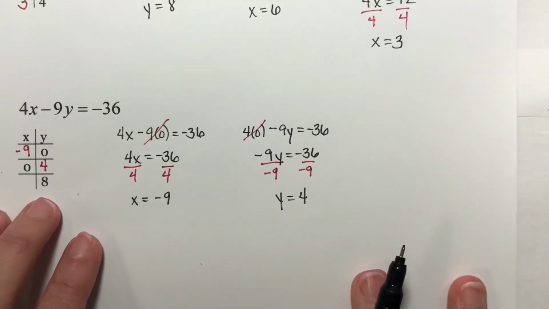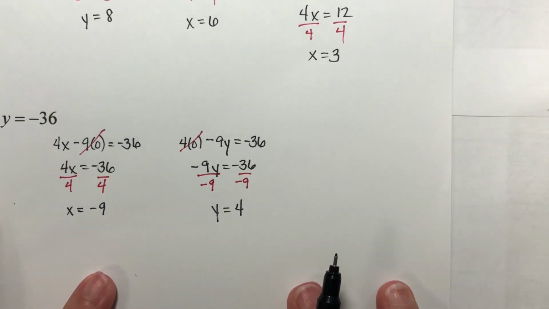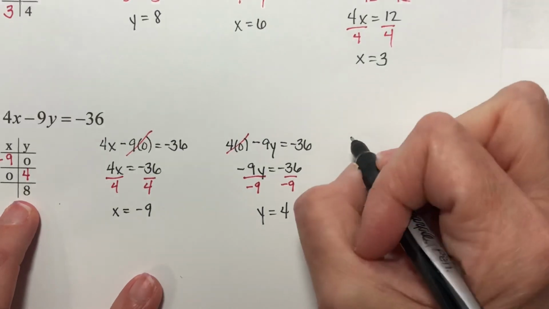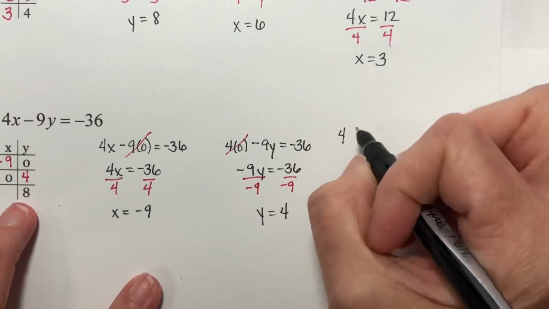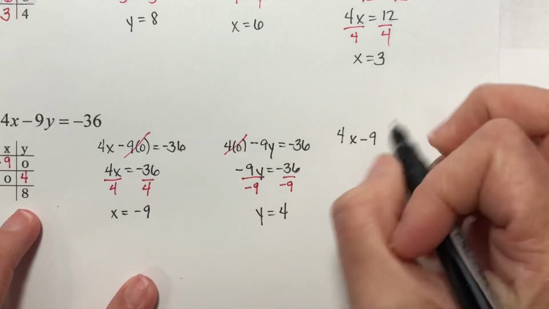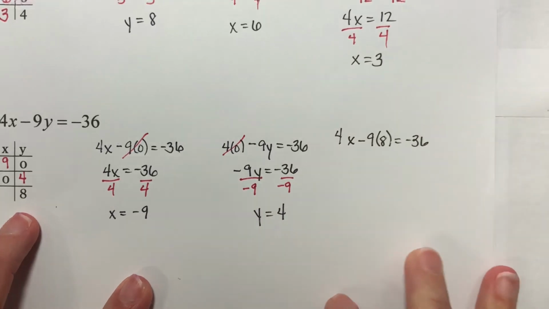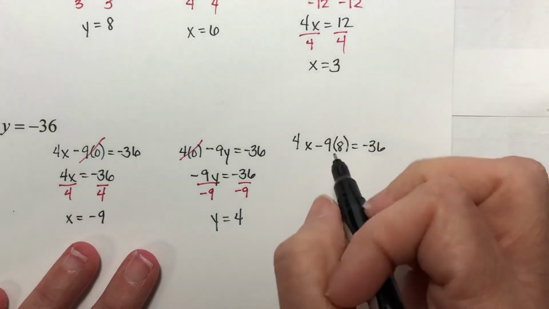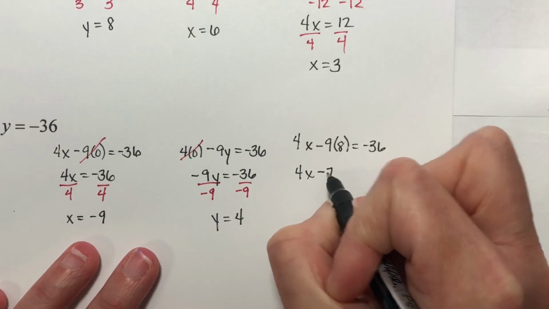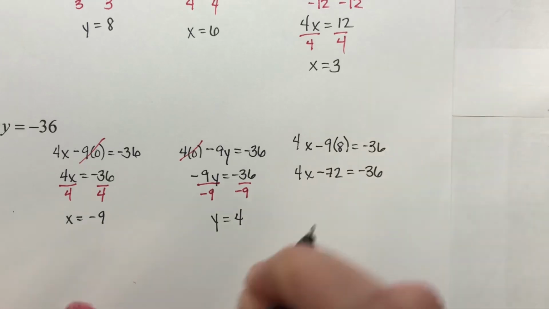All right, one more. We are given that y is equal to 8. I'm sorry, I need to slide this over a little bit. I have 4x, we're not given x, minus 9 times 8 is equal to negative 36. Okay. So I have 4x minus 72 is equal to negative 36.